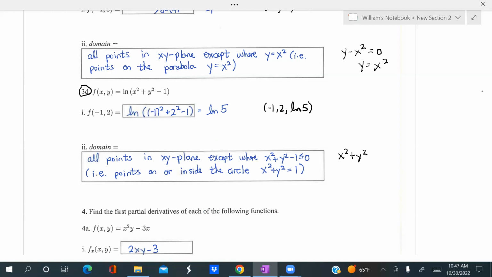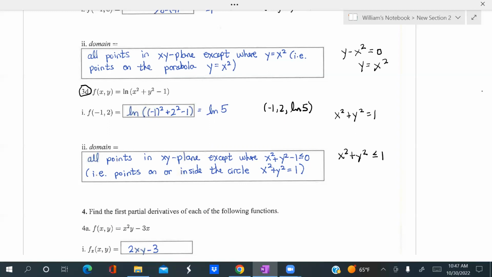First, let's take the -1 and pull it to the right-hand side. And so we get x squared plus y squared less than or equal to 1. Now let's think of that as an equation for a moment. Let's just think of x squared plus y squared equals 1, and think about what the graph of that equation looks like.